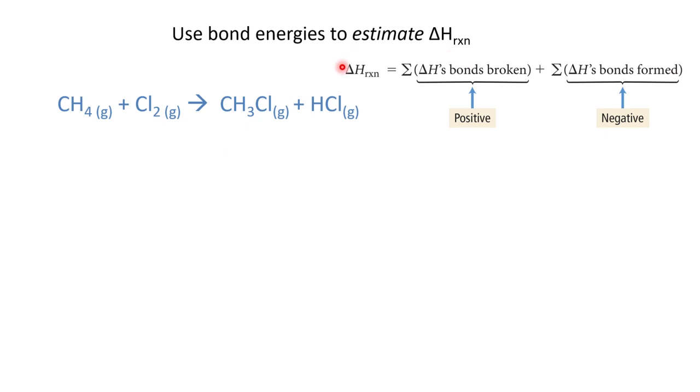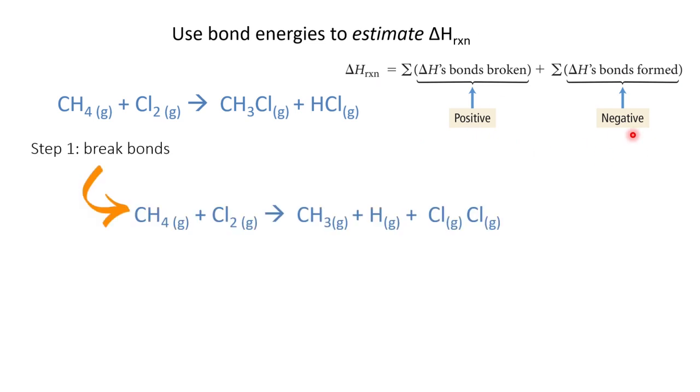When a reaction happens like this, we have to break bonds. That requires an input of energy, and then bonds are formed, which releases some energy. So step one, break the bonds. We're starting with methane and chlorine gas, and what happens is we break a bond, so we now have a CH3 and an H, and then we have two Cls, because we had to break those bonds too.